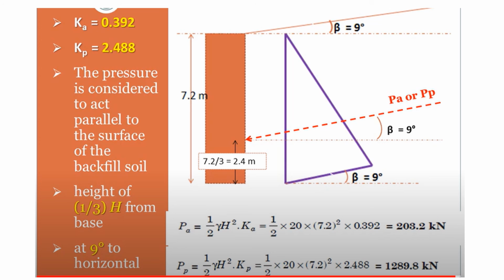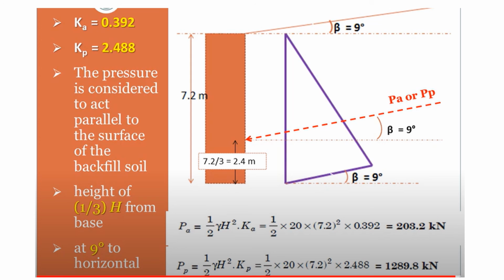And if you have to calculate the force, then you have to calculate the area of the corresponding diagrams, which will be given by half gamma H square into Ka in case of active force, and half gamma H square into Kp in case of the passive force.